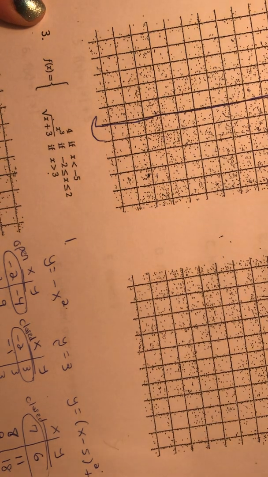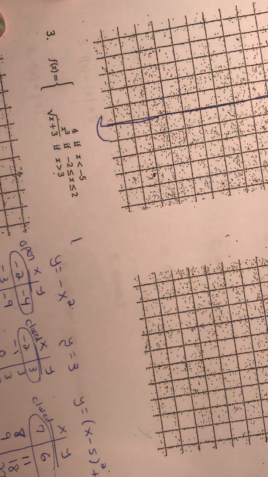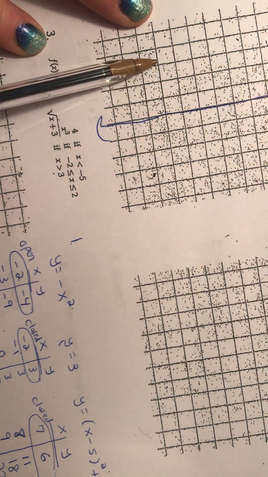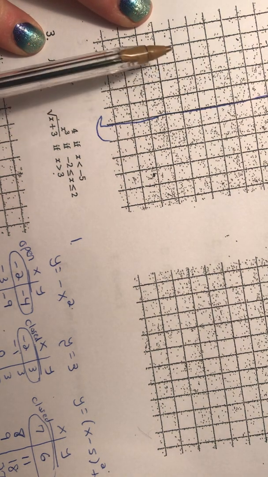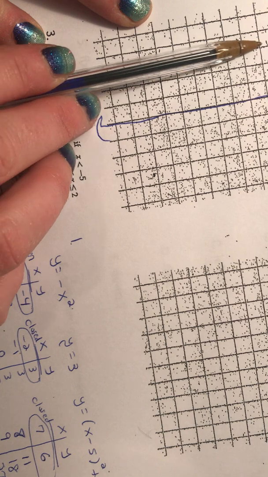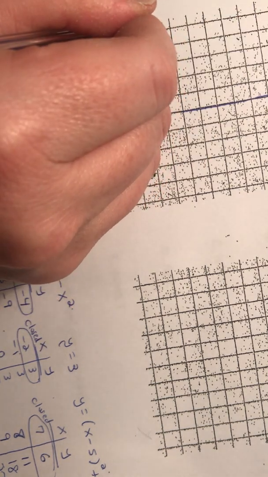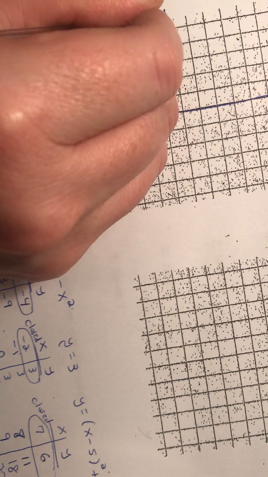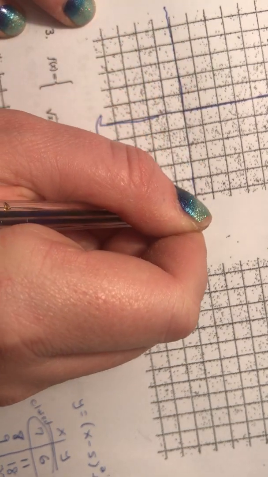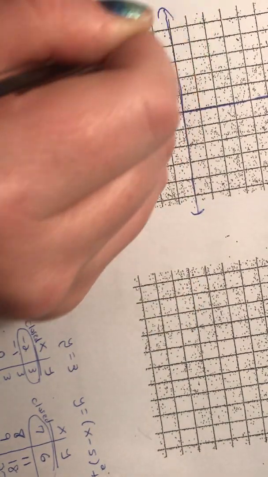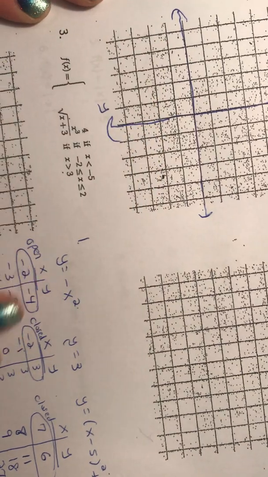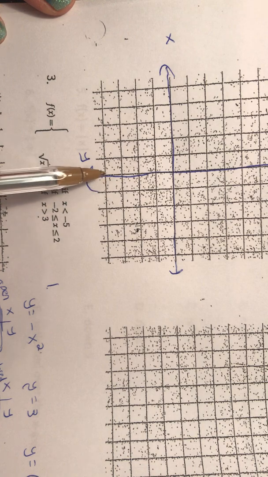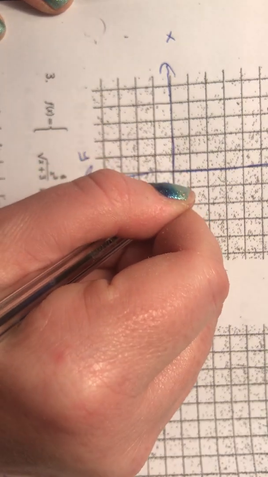I think I should go by 2s, or should I go by 4s. I'm going to label this to go by 2s.